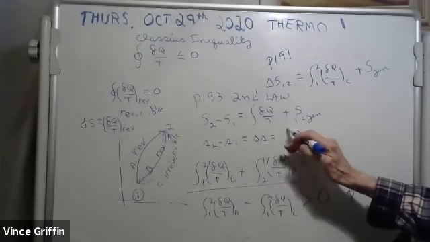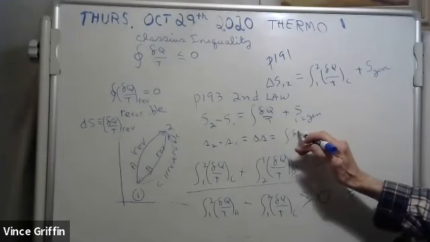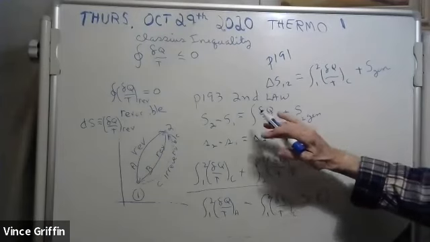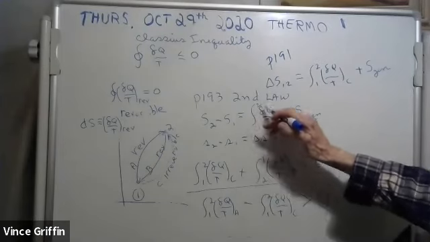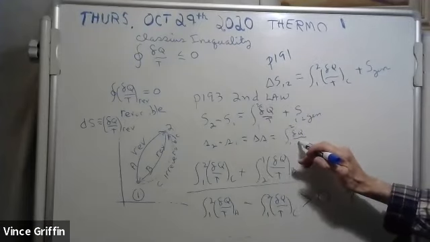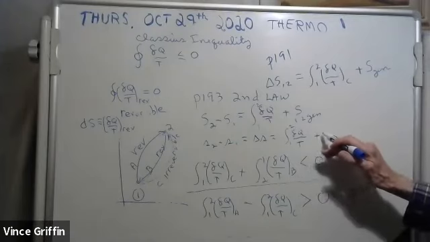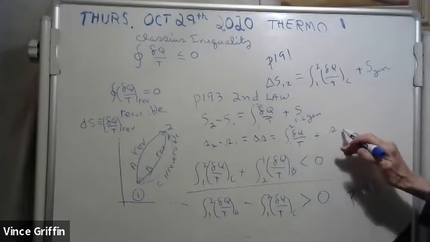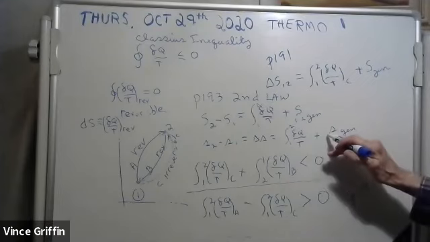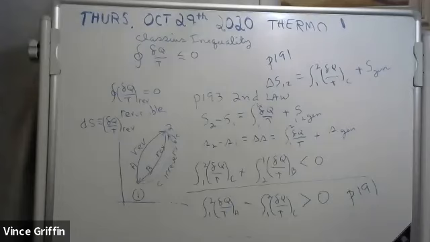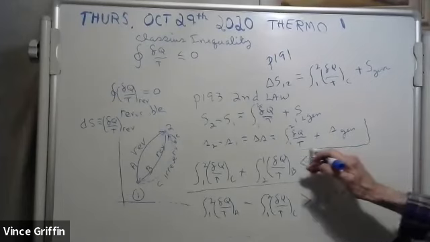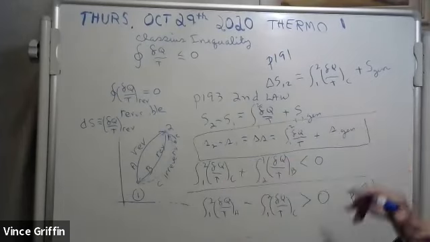Final minus initial is the heat transfer amount between 1 and 2 divided by the Kelvin or Rankine temperature at which that heat transfer takes place, plus the generated specific entropy. You can put a 1 and 2 in there if you like. They call that generated specific entropy. We now have our second law of thermodynamics.